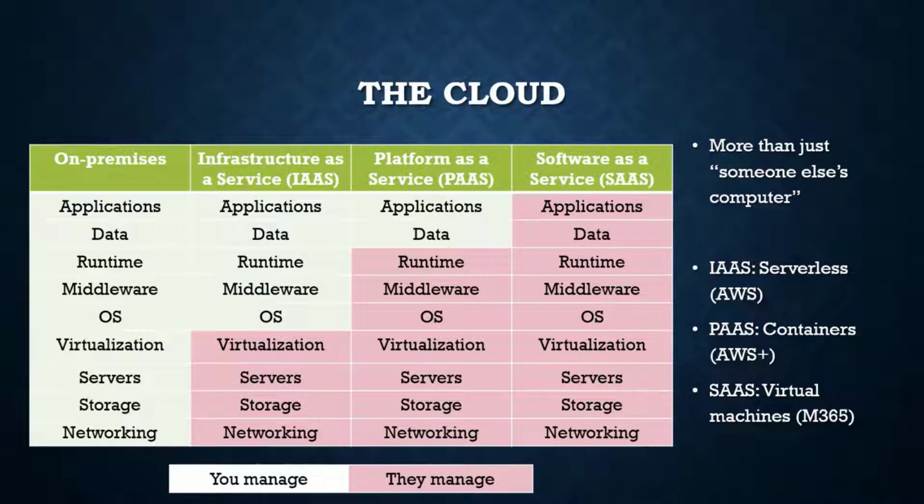But as you move up that ladder, more and more gets managed by the cloud service provider. And of course, Microsoft 365 is that full-service SaaS. Applications, data, all of it is handled in the cloud by Microsoft. So the cloud is not just someone else's computer.